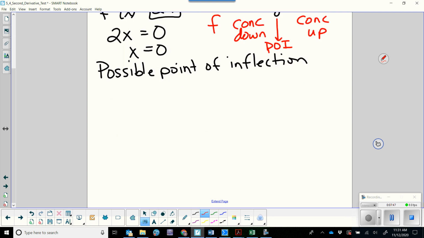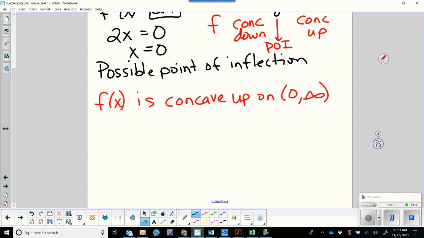Okay, so to answer the question, just like always, we need to give a description. We would say f of x is concave up on 0 to infinity, because that's the right side there. The reason is because f double prime is greater than 0. That's what we put in the table, right?